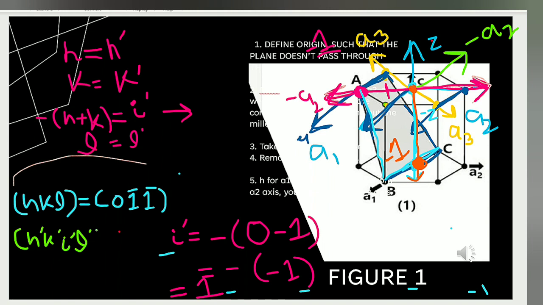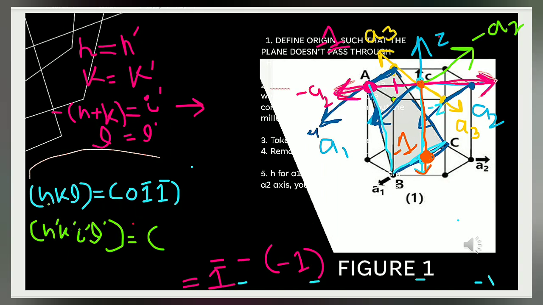Don't confuse the notations. I have completely shown you what I mean by these notations. So h prime is equal to h, which was 0. k prime was equal to k, which was 1 bar. I prime is equal to 1 that we have got.